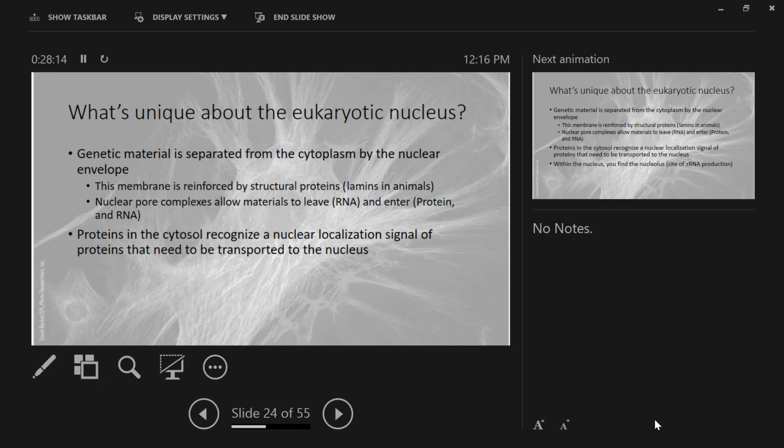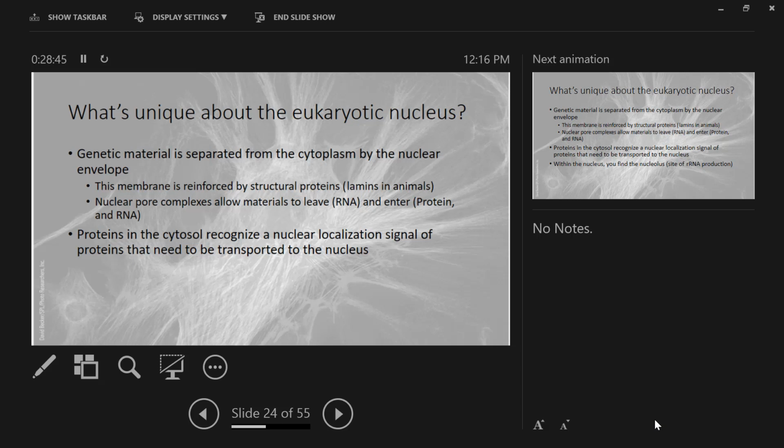But if they need to get to the nucleus, at one side of that protein they have what's called the nuclear localization signal. It's basically a label on the protein that says, I belong in the nucleus. And then there are other proteins that recognize that signal, grab that protein, and transport it to the nucleus, so that it can end up being exactly where it needs to be.